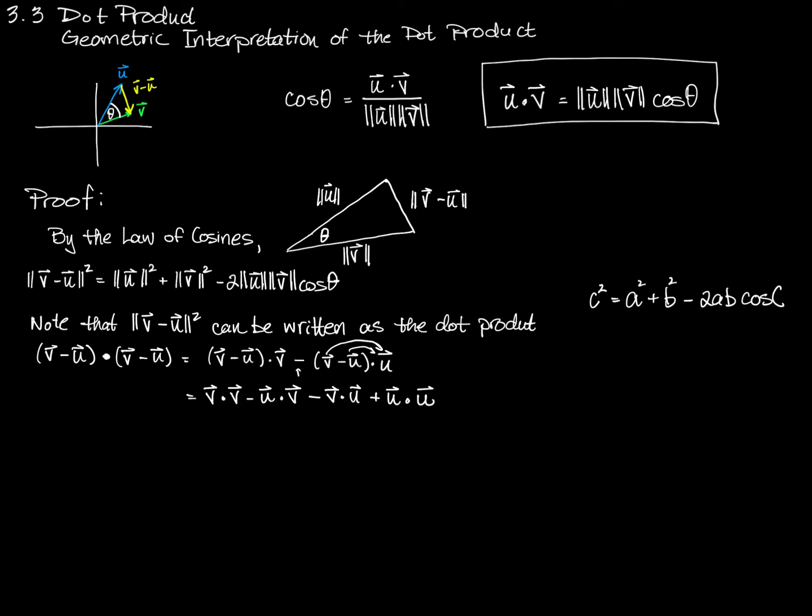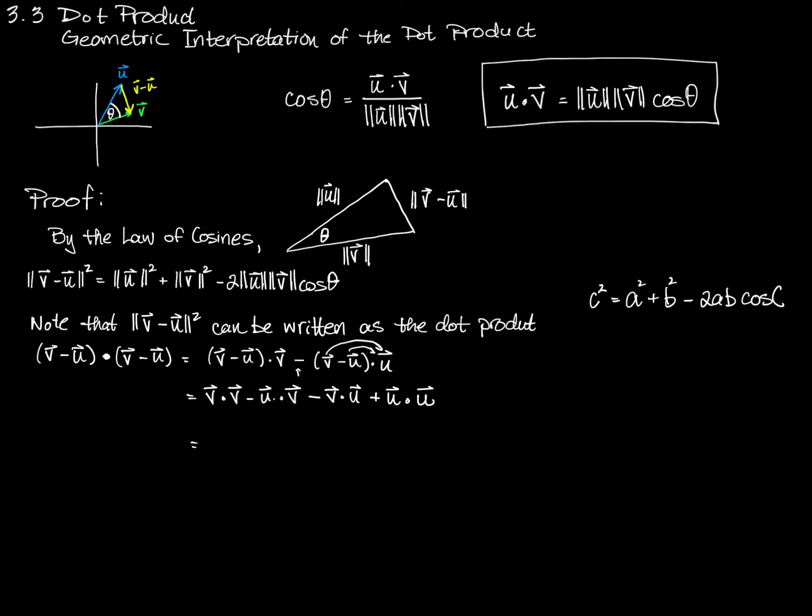It's going to turn out, we're going to show later on, that vector multiplication, the dot product, is commutative. So that means that I can write this as uv or as vu. This one here, I'm going to change so that it's a u dotted with v.